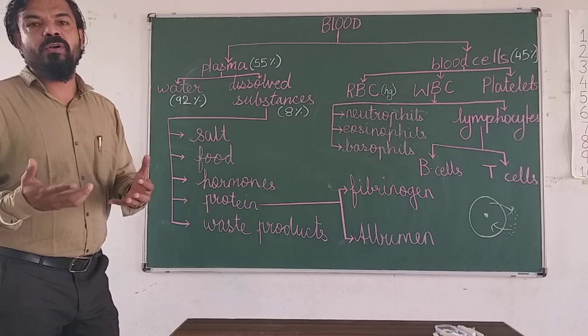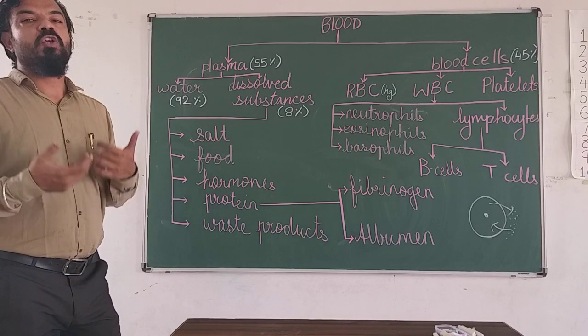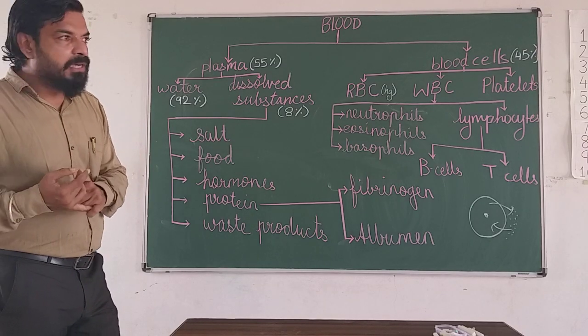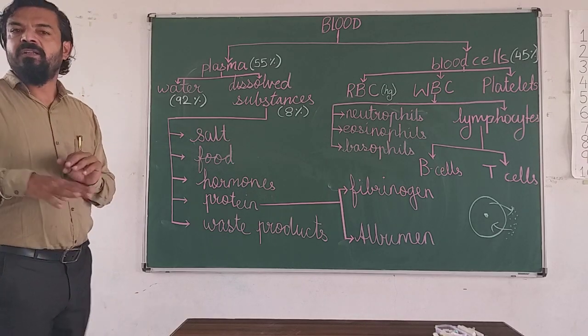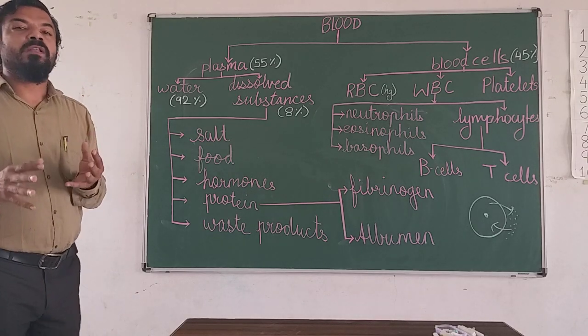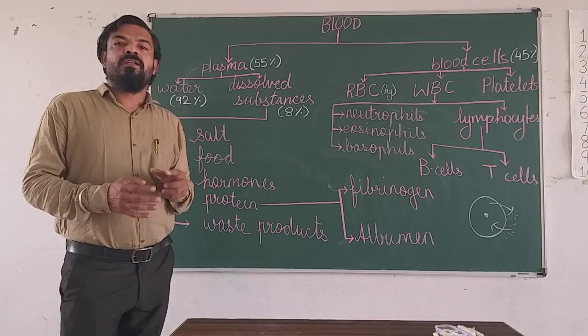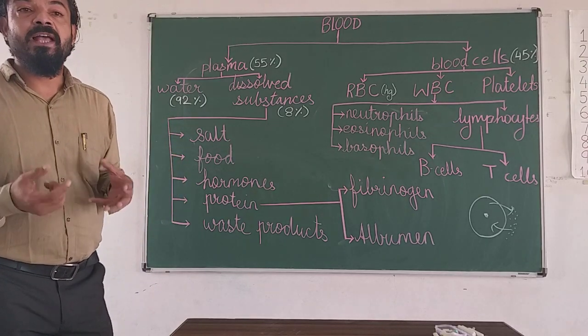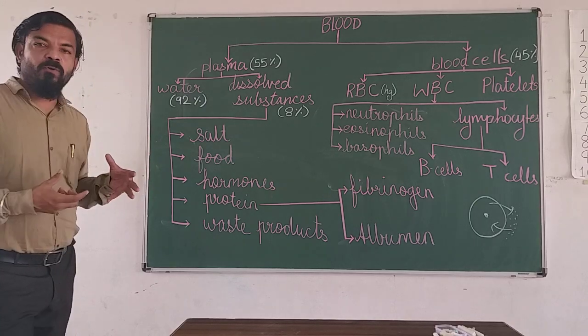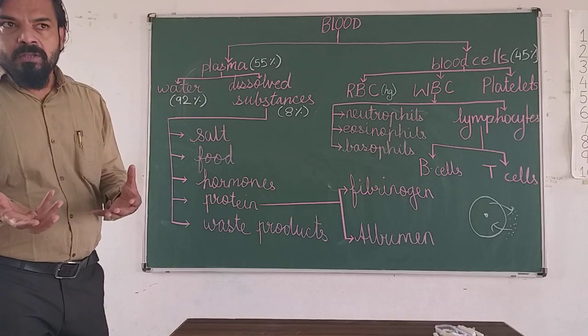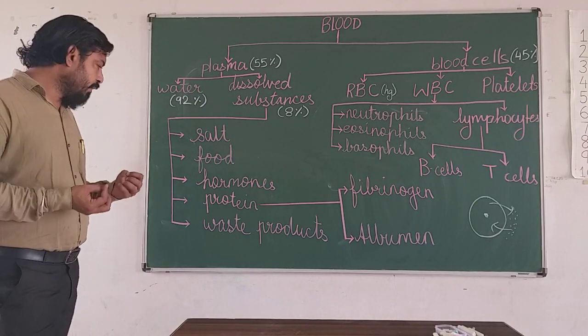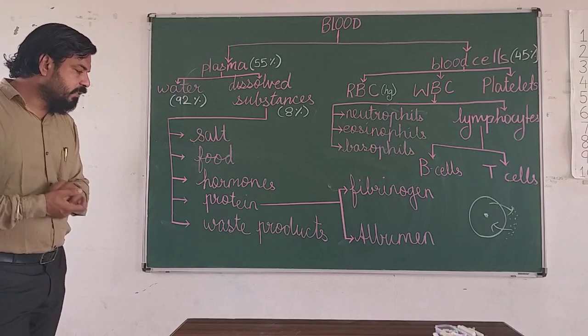Hormones are very important for the development of human beings, whether a girl child or a boy child. You will understand in standard 8 which hormones help to develop the girl child and the boy child. And then there are waste products.